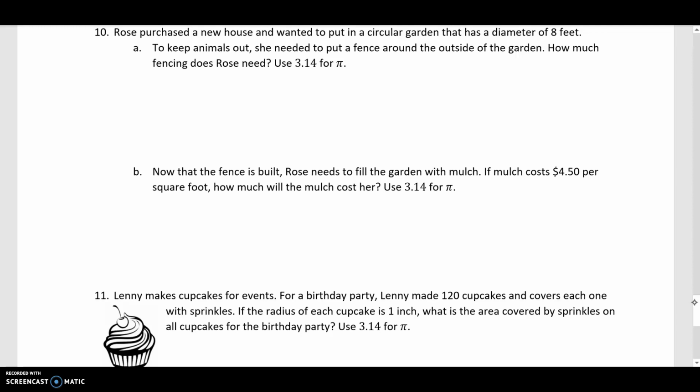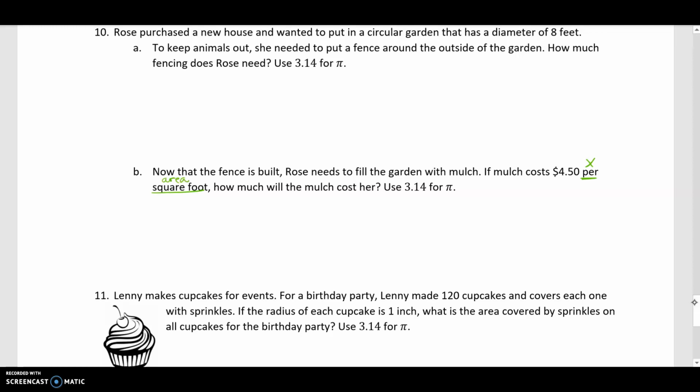Next, for part B, it says now that the fence is built, she has to fill the garden with mulch. So I'm talking about the inside of the circle, which is what? The area. So if mulch costs $4.50 per square foot, how much will the mulch cost her? So per means we're multiplying, right? And square foot is our area.